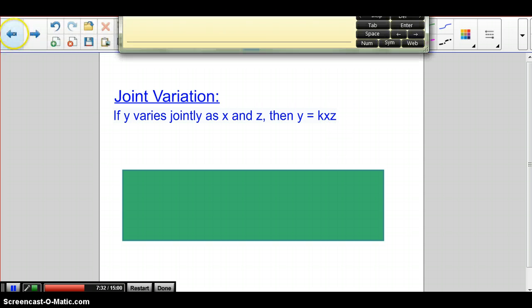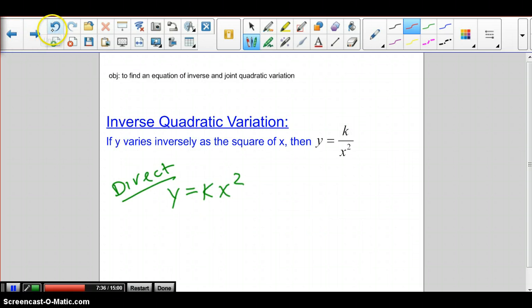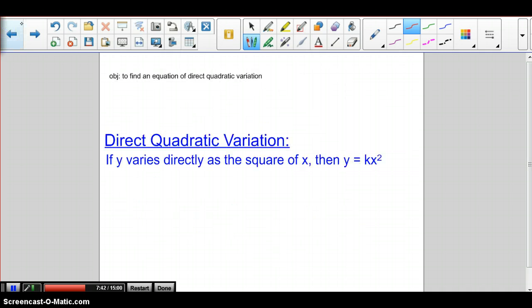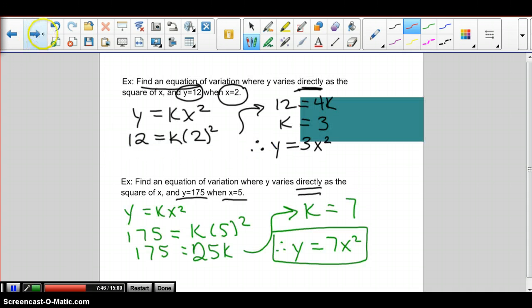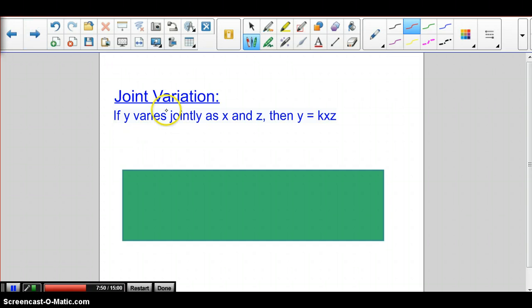So remember before we had that y was varying inversely or directly as the square of x. Now it's varying jointly for two variables. Okay?